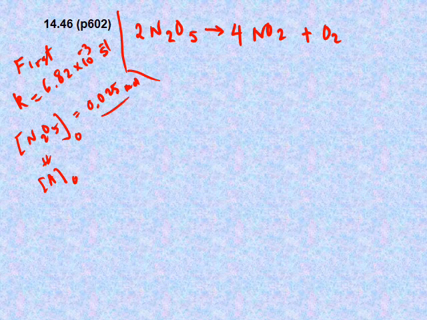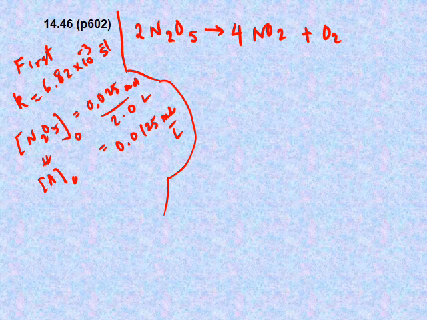So we express it in molarity concentration units. We're going to do that here. So divided by 2.0 liter, and that would give me 0.0125 mole per liter. Okay, so we have 0.0125 moles per liter.